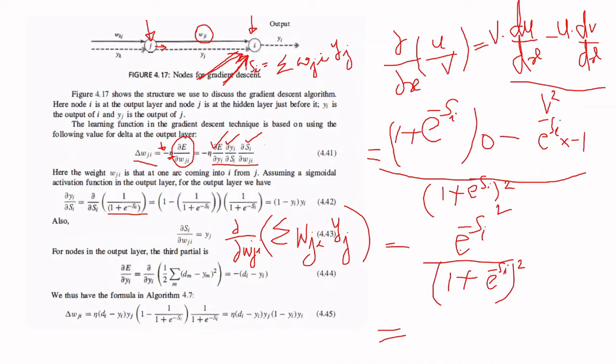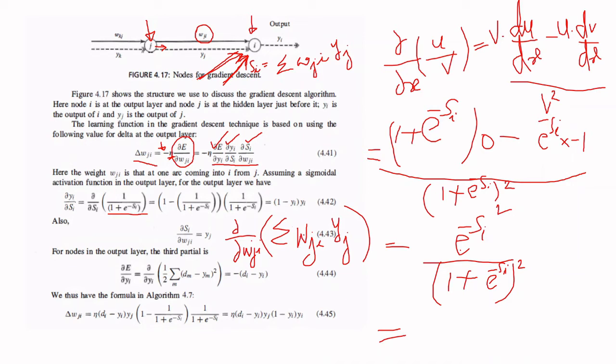So to this particular node, you will have inputs from all the other nodes in the hidden layer, all the j other nodes. But we are only considering the derivative with respect to w_ji, this particular weight. So the other weights are all considered constant.